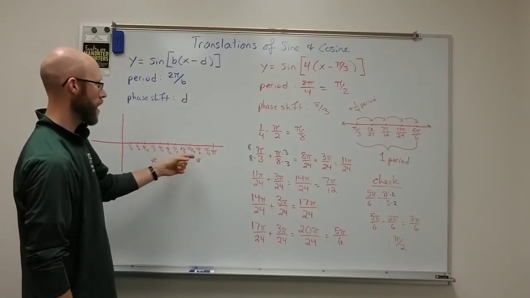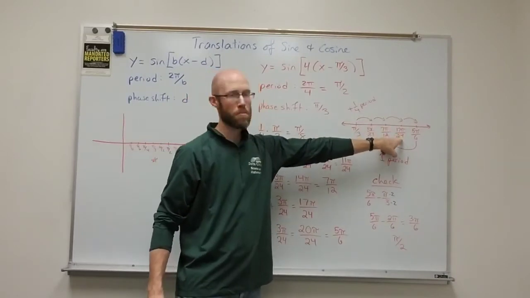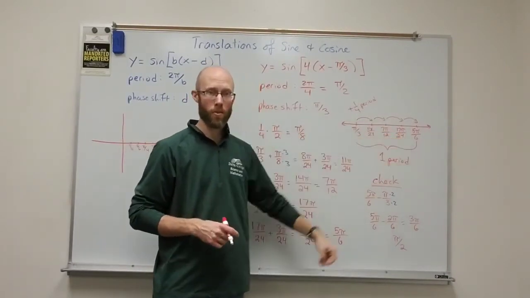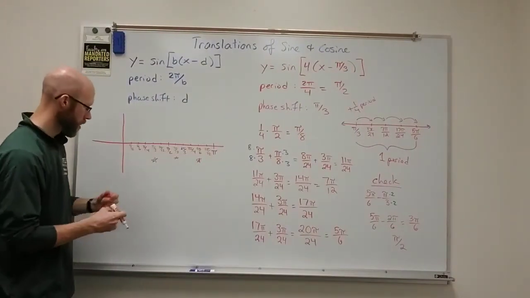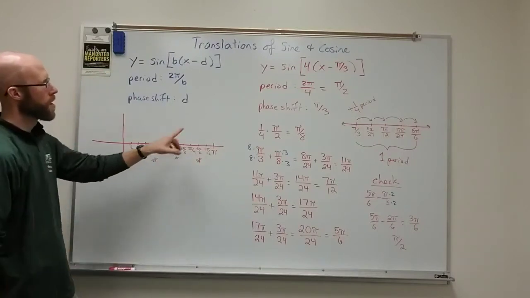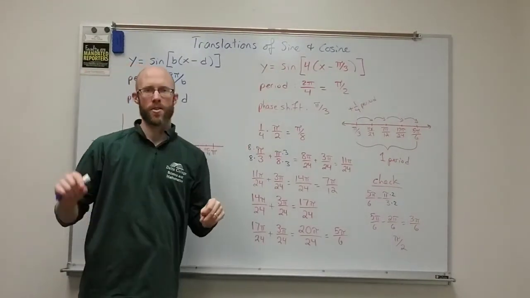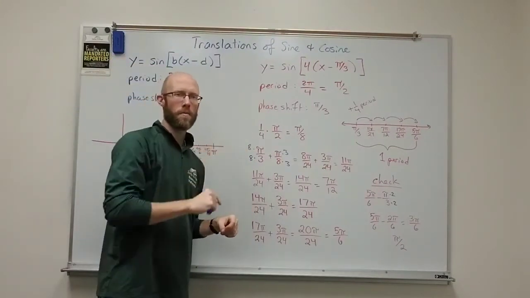And I also have, let's see, now 11 pi over 24 and 17 pi over 24 don't actually show up on the graph right now. I'd have to add those in, which is okay. Let me go through and get the middle and last points. Now remember, the sine wave starts at the axis, goes up, then down, then back up again.